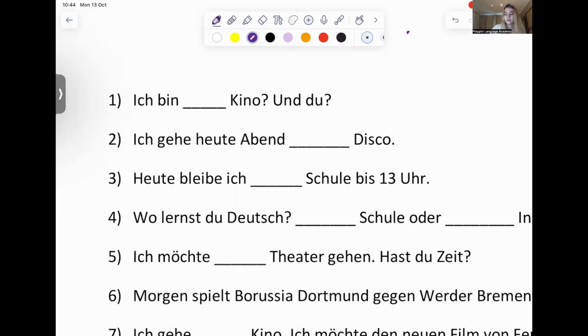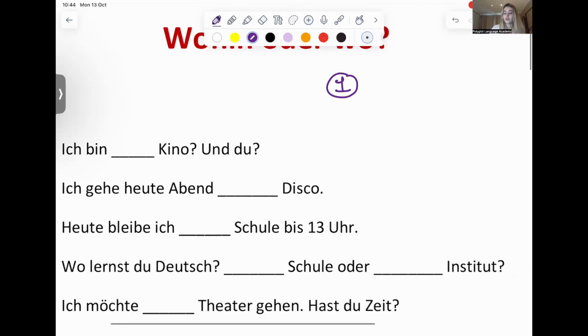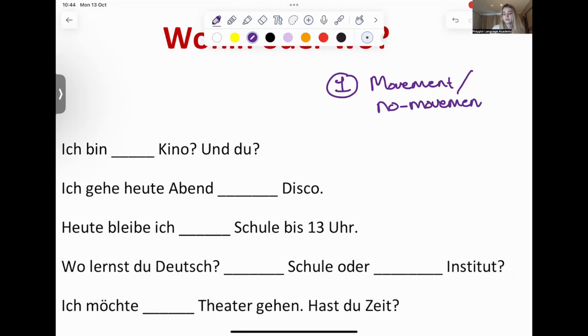So the first step is to figure out, is there movement? If there's movement, that means it's going to be where to, wohin, which is Akkusativ. So movement or no movement. Okay, that's the first step. The second step is to figure out what the article is.